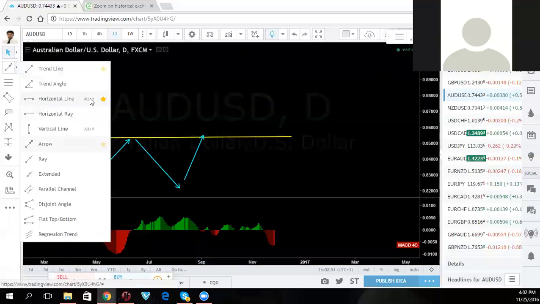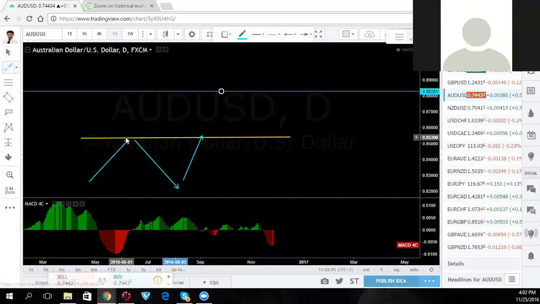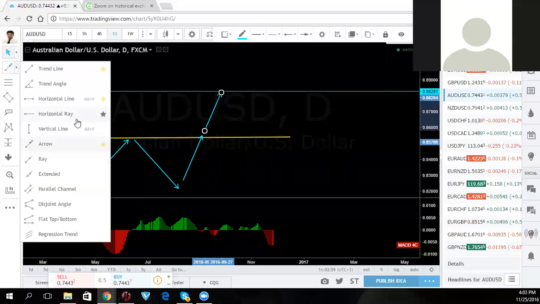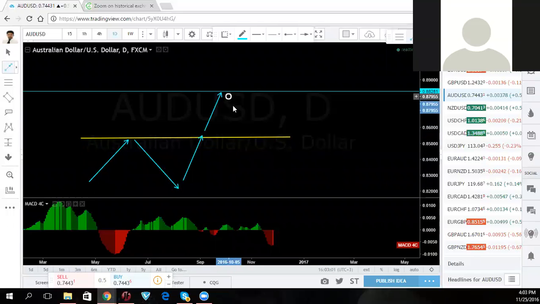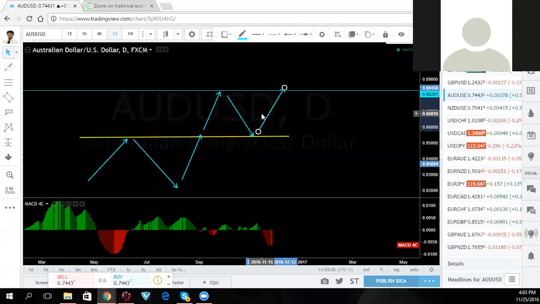I could put the horizontal line there, and then put another set of things like this, and said, I'm teaching you support and resistance. Everybody goes, wow, wonderful, that's so nice.